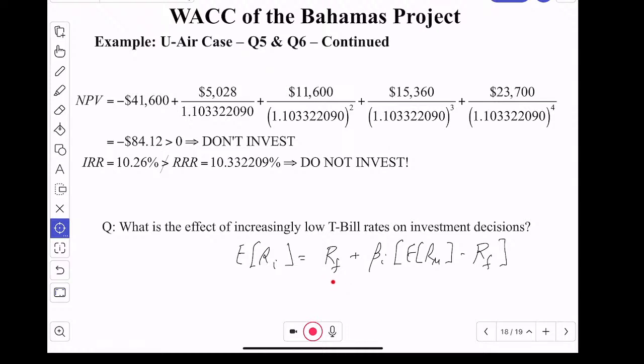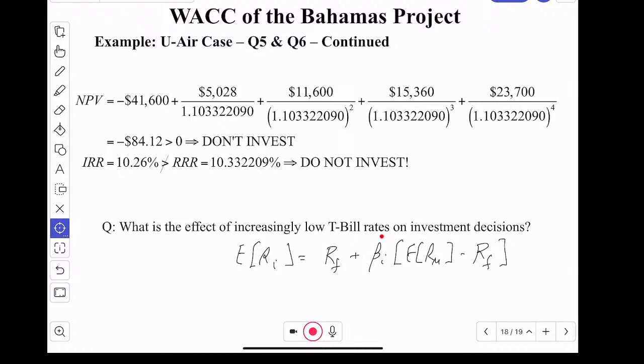By keeping this low, it depends what we use here, but if we keep this low and we use historical returns here, this would keep the expected return low and the required rate of return would remain low and projects more likely to be accepted.